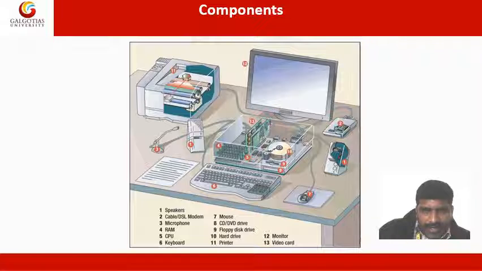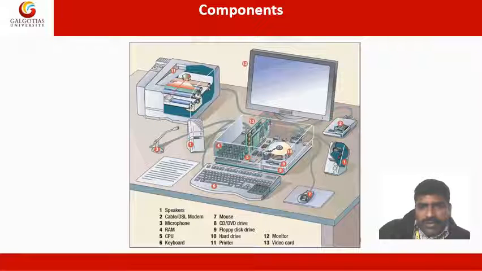Then the 11th one is the printer. This is the printer, it contains several rollers and cartridges, and this is the button for operating. Inside there is an SMPS to control the power supply and give the proper power supply to the printer to operate.